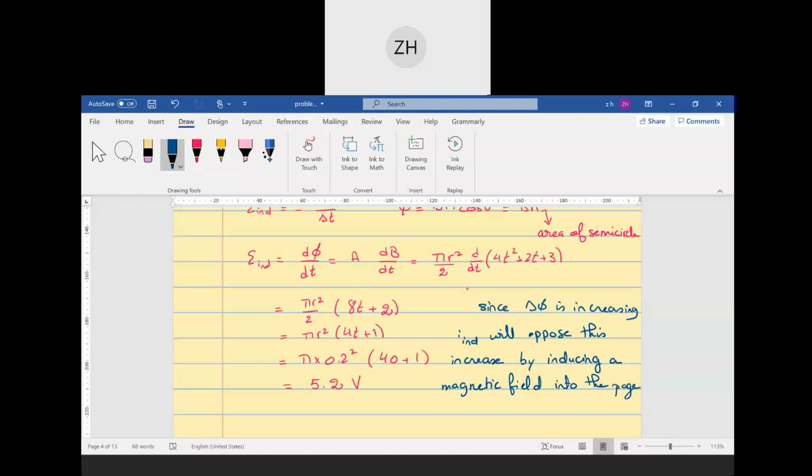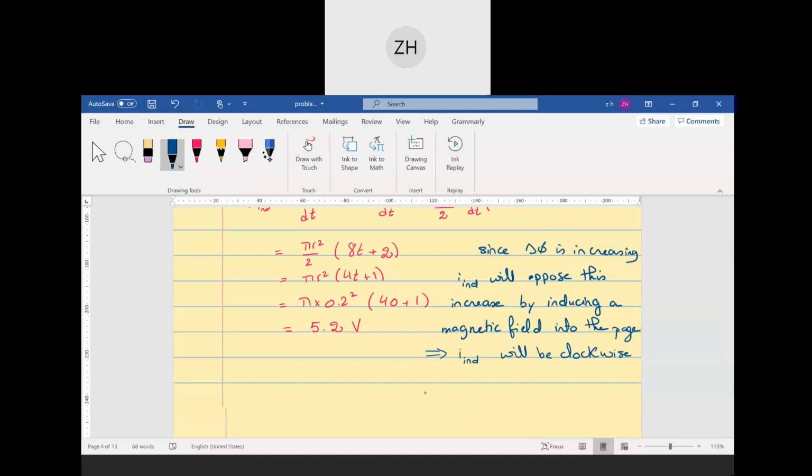So the induced magnetic field will be to the inside, which means that I induced by the right hand rule will be clockwise. And so will E induced as well.